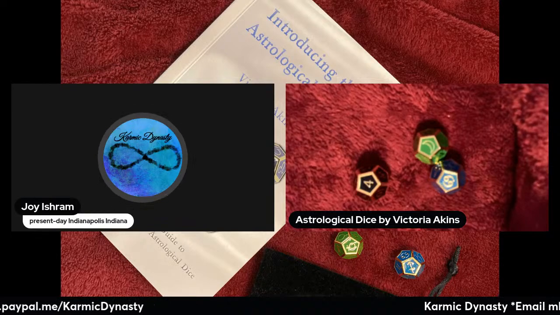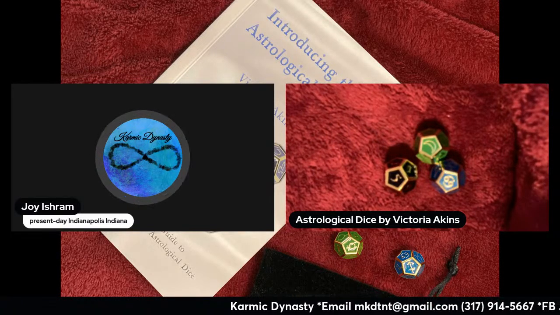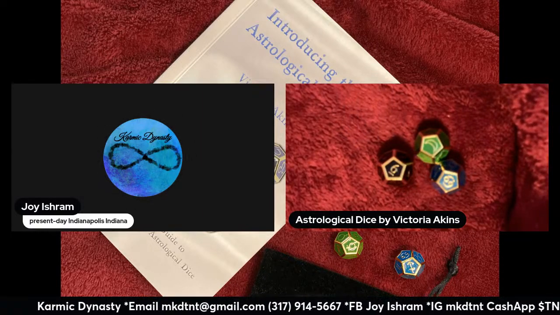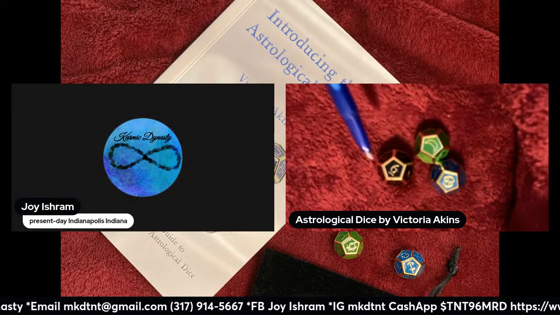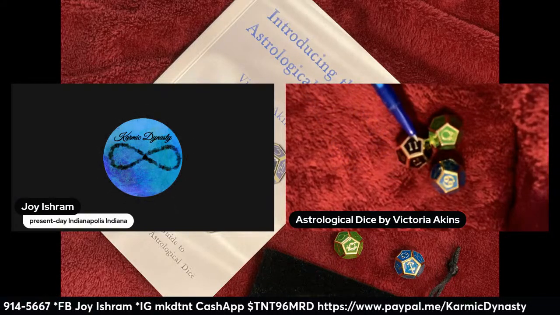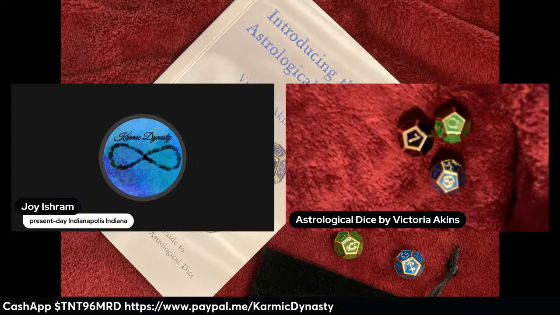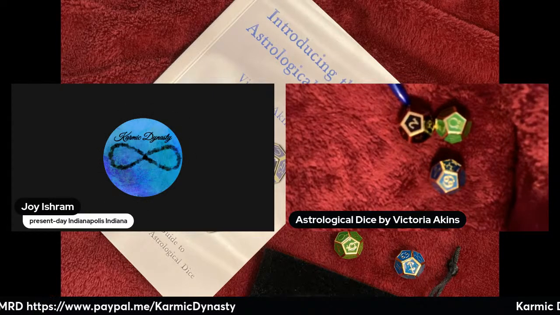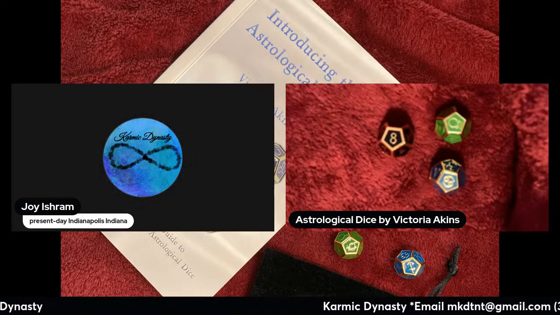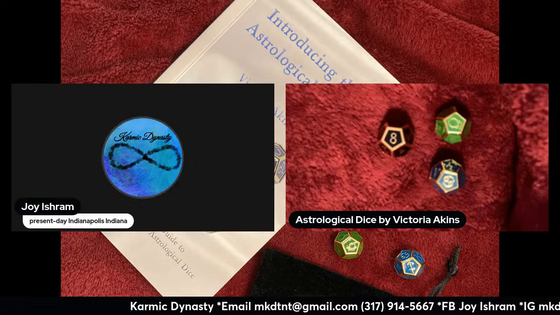Number 5 represents pleasures. Number 6 represents health. Number 7 represents partnerships. Number 8 represents death. So as you see these come up, you'll know what's coming ahead in your answer when the dice are cast.